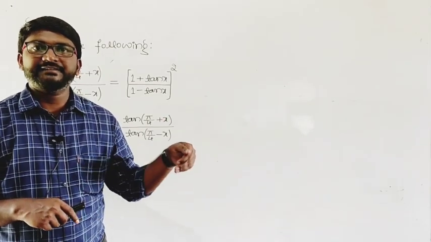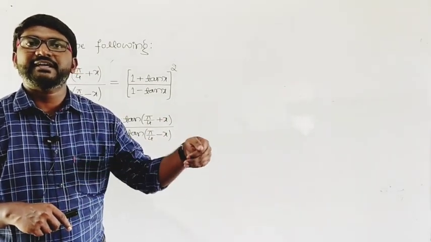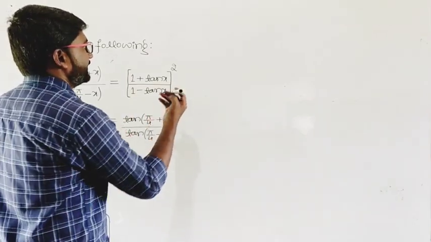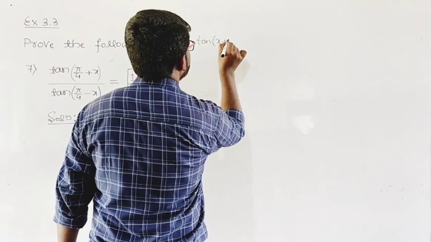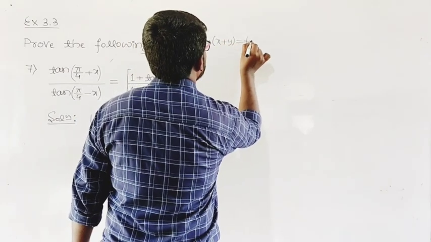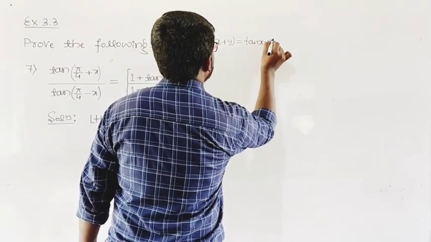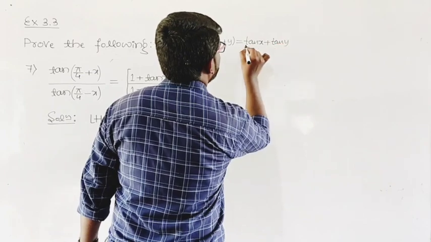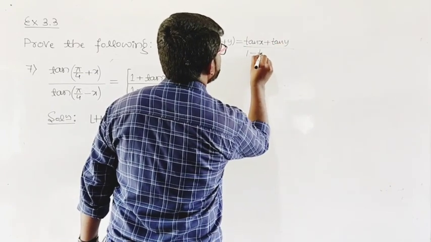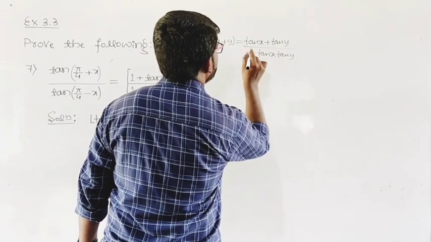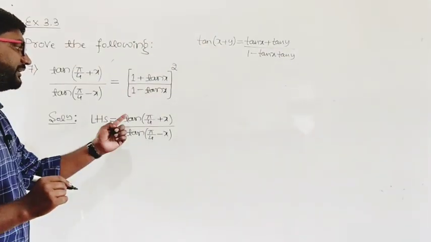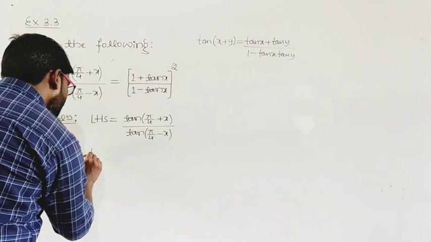It is tan x plus tan y divided by 1 minus tan x into tan y. See here, tan of x plus y equals tan x plus tan y divided by 1 minus tan x into tan y. So we have to make use of this particular formula in the numerator. So let us do that now.